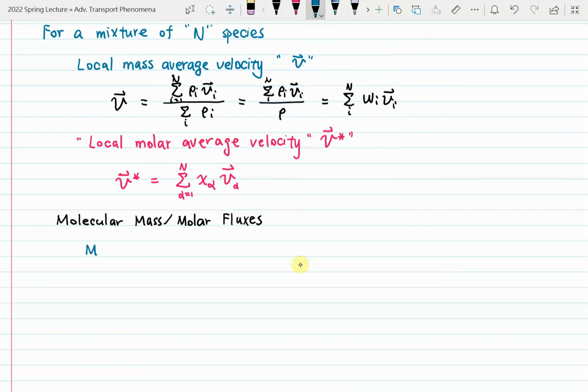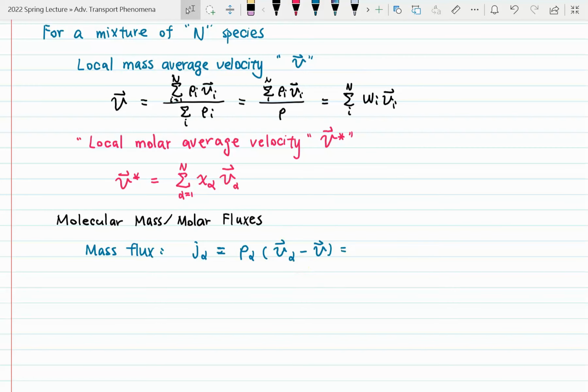For mass flux, usually we use a lowercase j of one component, alpha, which equals rho alpha times its velocity difference with respect to the average mass velocity.